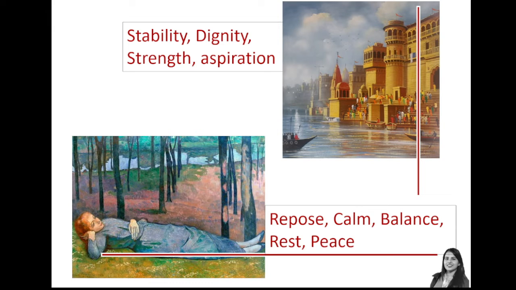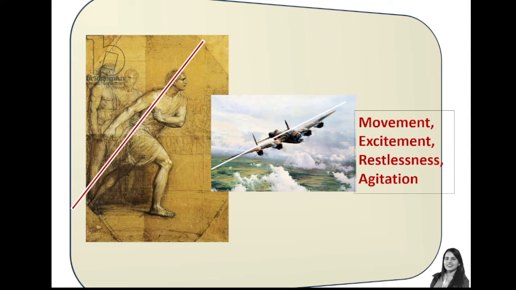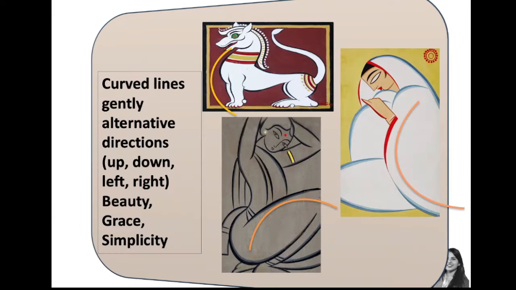Vertical lines communicate feelings of power, strength, stability, dignity, and aspiration. Straight horizontal lines indicate a sense of motionless rest and peace, repose, calm, and balance. Diagonal lines suggest feelings of movement or direction, excitement, restlessness, and agitation.